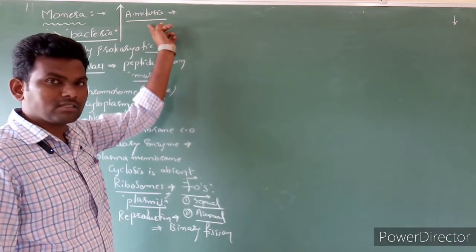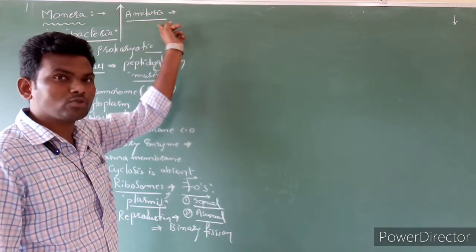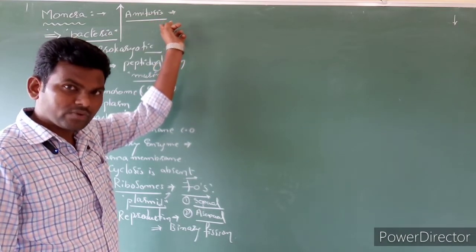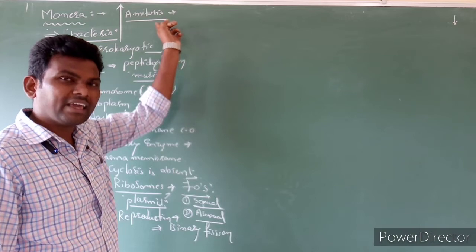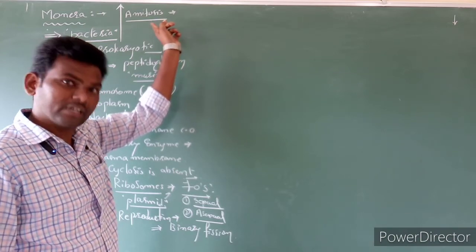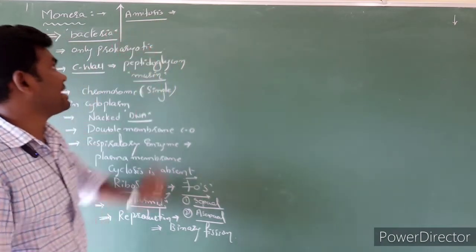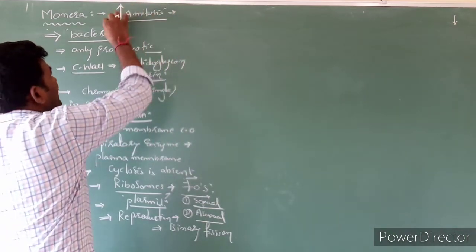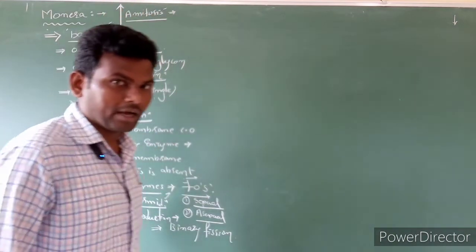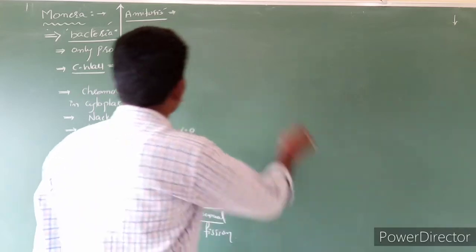In amitosis, spindle fibres do not form, so the chromosomes are not equally distributed. Clear? So amitosis is also one of the main characters of Monera.